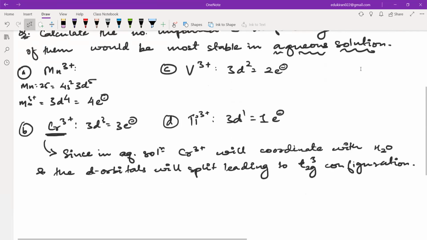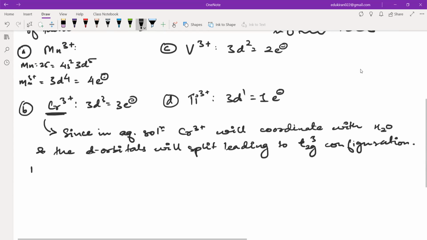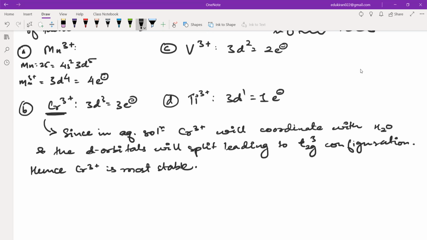The t2g3 configuration will be stable, and hence Cr3+ is most stable. Half-filled t2g3 is a half-filled configuration, that is why Cr3+ is most stable. Please write this down, let me know if you're done.